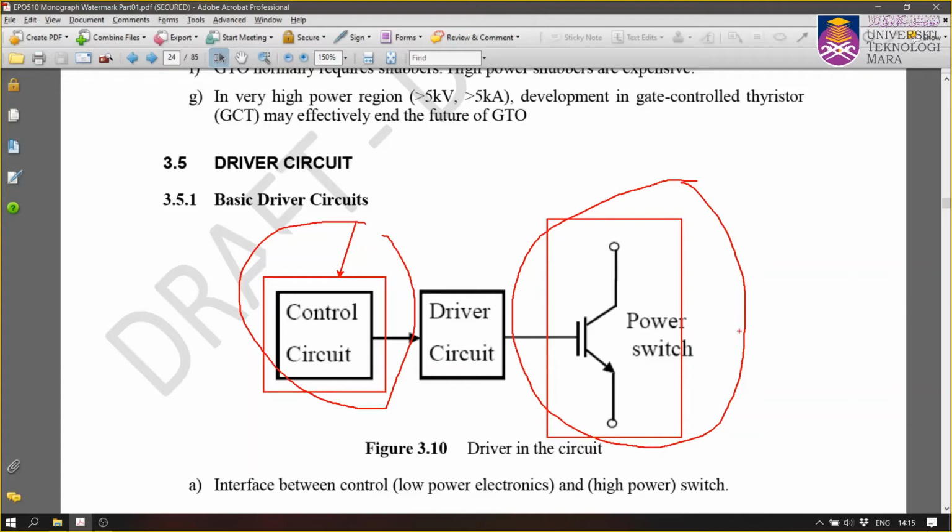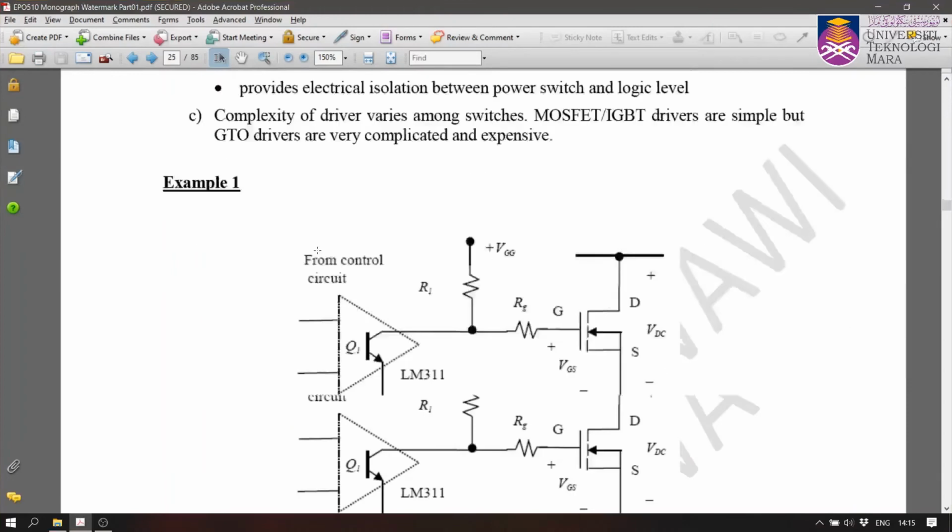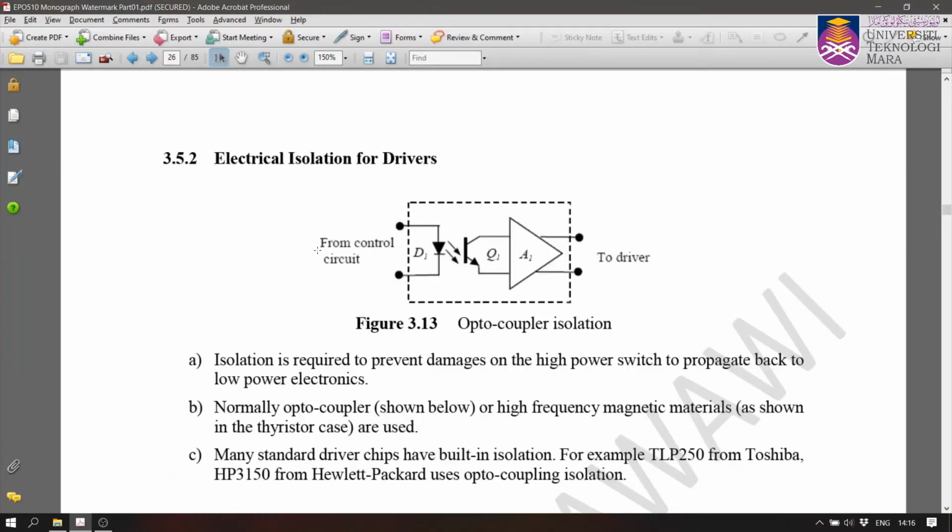Okay, so you must protect that. So how to protect that? We use the optocoupler isolation device. This is the optocoupler. So there is no physical connection between the input control signals here and the driver side. So it will somehow protect the control signals.